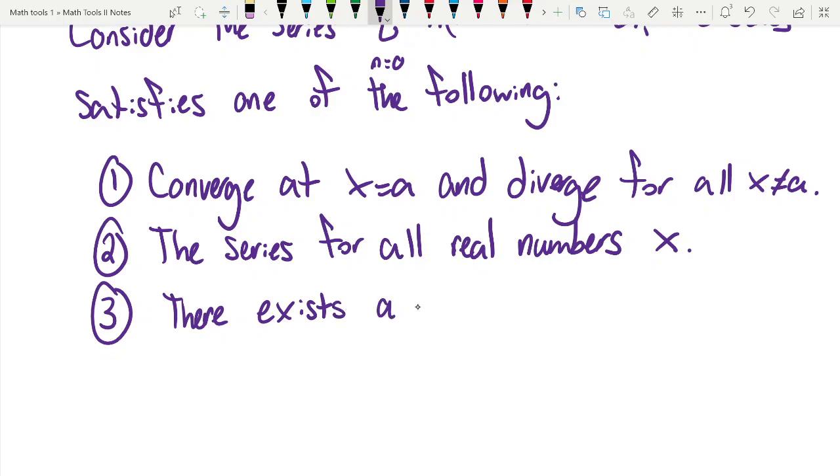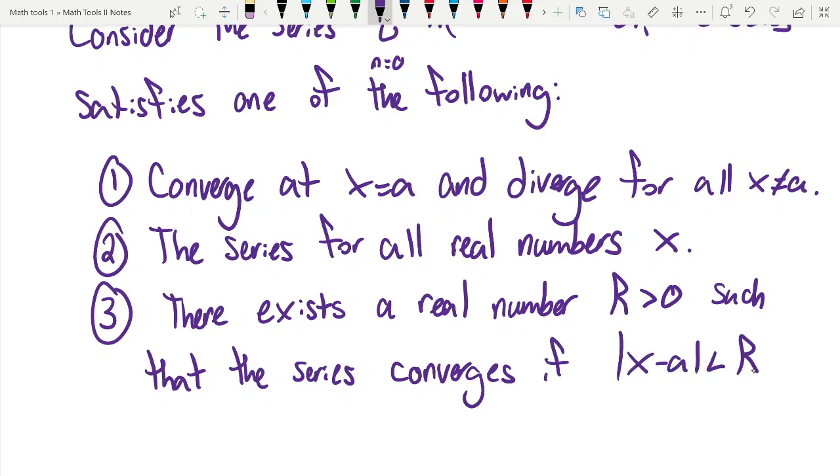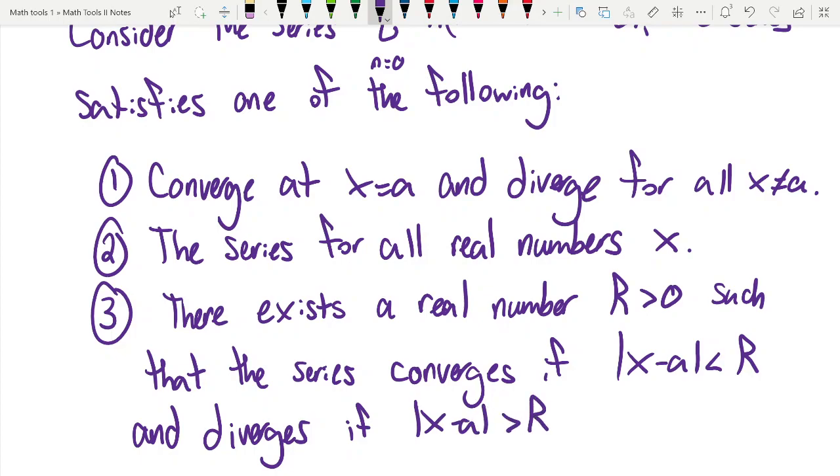So the other scenario would be that there exists a real number r greater than 0 such that the series converges if the absolute value of x minus a is less than r, and diverges if the absolute value of x minus a is greater than r.